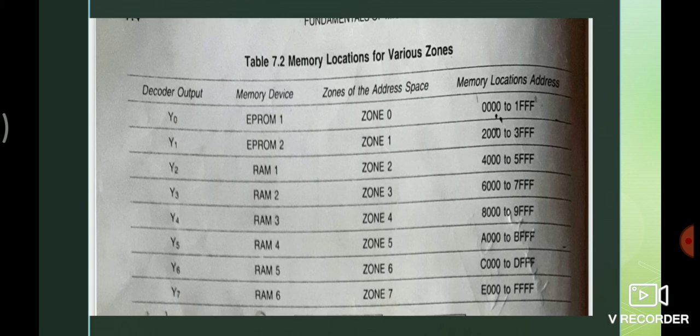All other address lines like A0, A1, A2, etc. go directly to the memory chip. And the memory location for RAM 6 lies in the range E000 to FFFF.